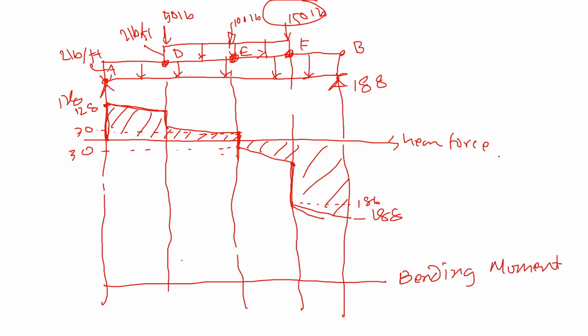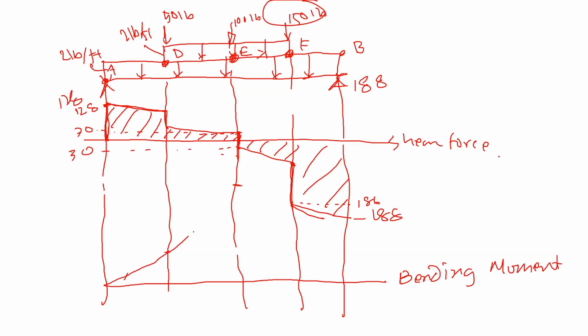All right, so at point D, let's see what we got at point D. Okay, so moment at point D was calculated 127. Calculated that at 127 right here. Moment at E was calculated 236. Let's assume that is here.